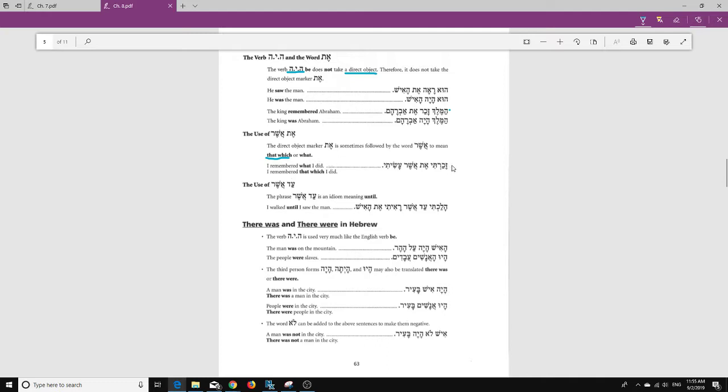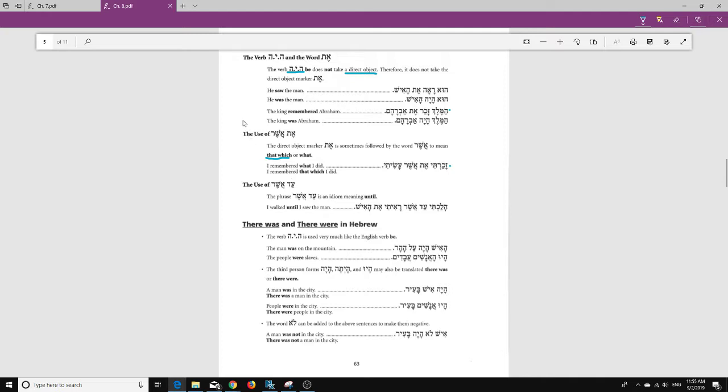So here's an example of what that is. Zakarti et asher asiti. So I remembered that which I did, or I made.